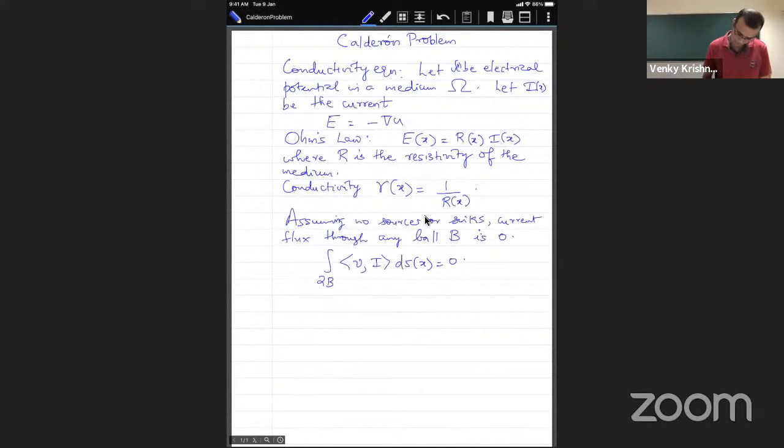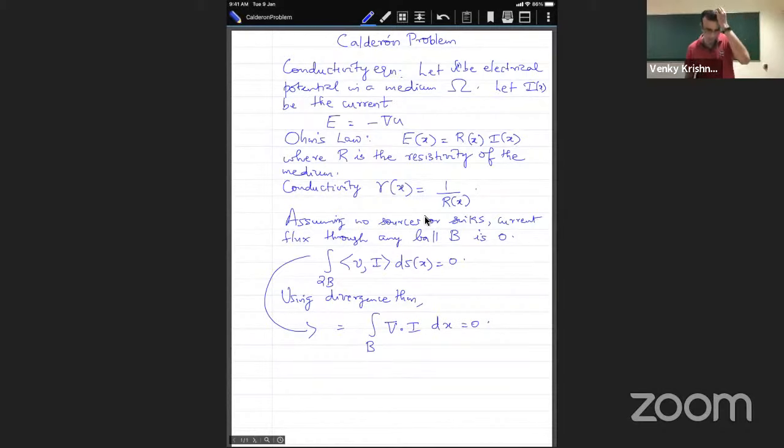If you use the divergence theorem, this quantity is the same as the integral over B of the divergence of I. Now if you put it all together, because we have I of x equal to E of x by R of x, which is the same as gamma of x, this is the same as the integral over B of the divergence of gamma of x times E of x dx, equal to 0.